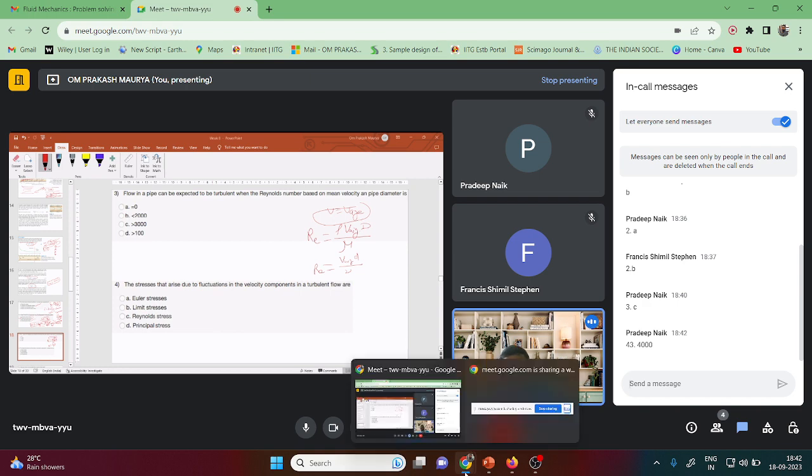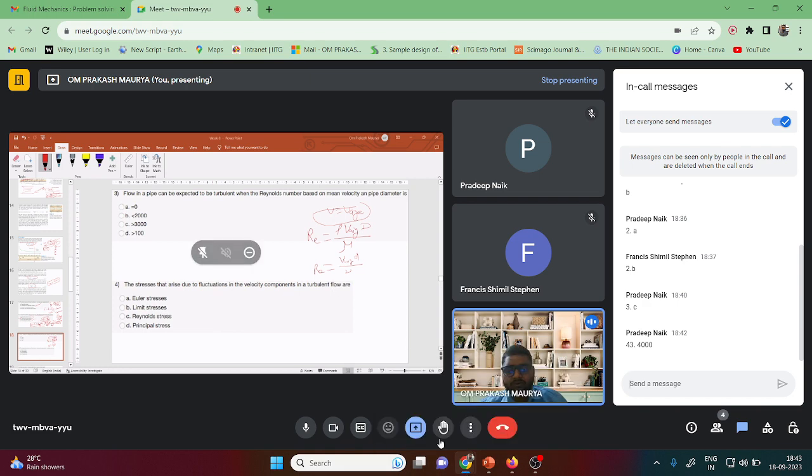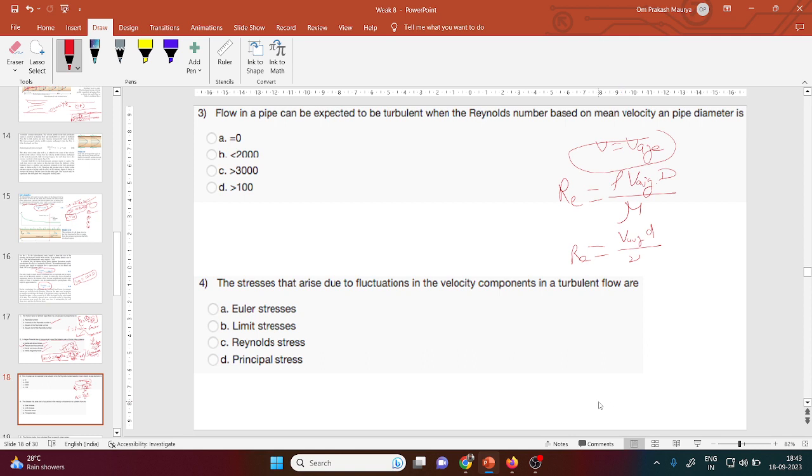If the question does not give it, some relation between the mean velocity and the flow velocity is given. I think it is one fifth times the average velocity, or five times, the maximum velocity actually.